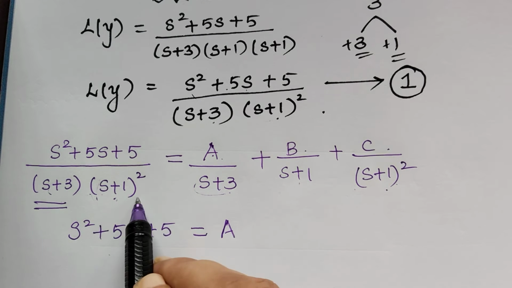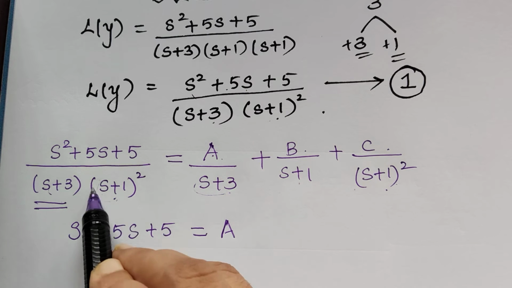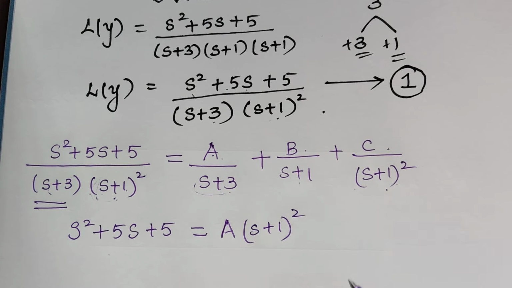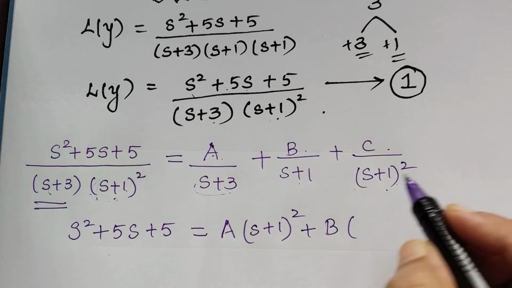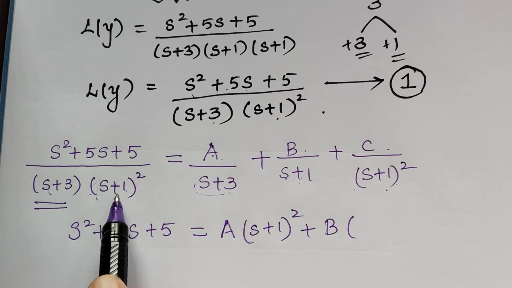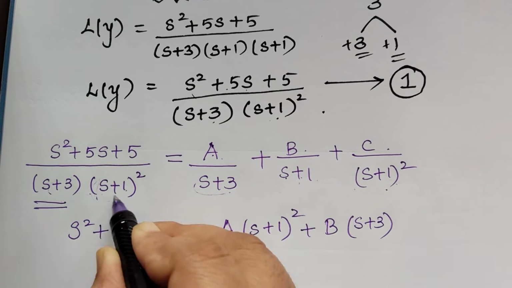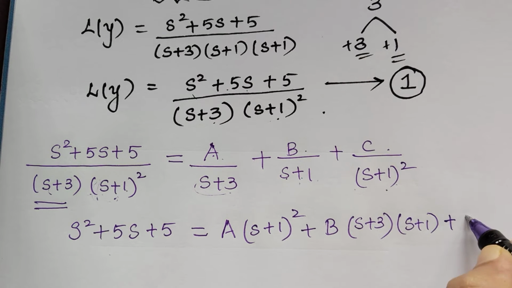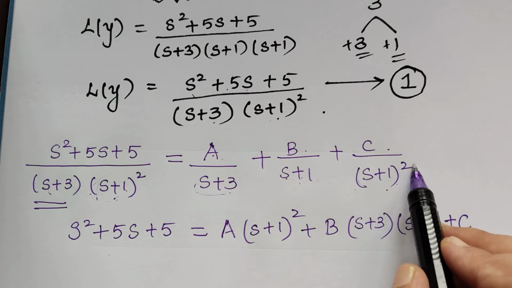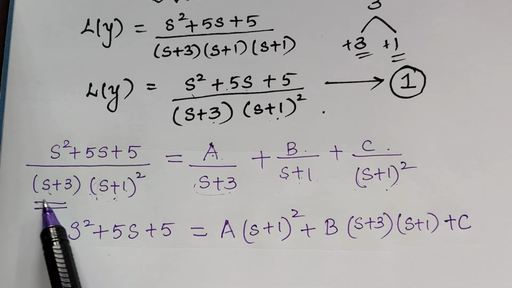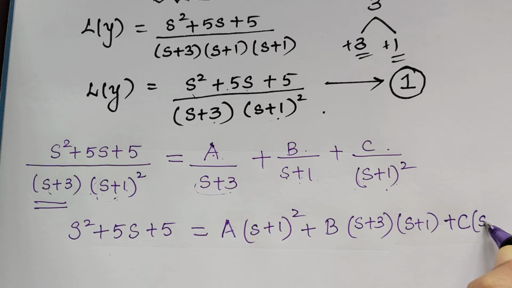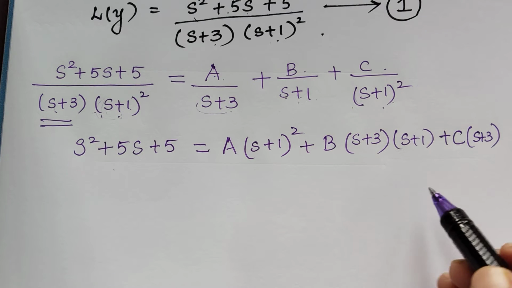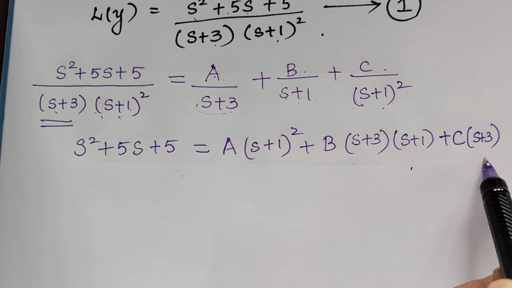We have s plus 3 over here, so what we have to multiply is s plus 1 the whole squared, so a multiplied with s plus 1 the whole square, plus b multiplied with, we have one of the s plus 1 over here, so the remaining will be s plus 3 multiplied with s plus 1, plus c multiplied with, we have the denominator of c as s plus 1 the whole square, so the other term left out is s plus 3. So c multiplied with s plus 3. If you know the method of partial fraction, you will understand this better. So this is how we have to do it.